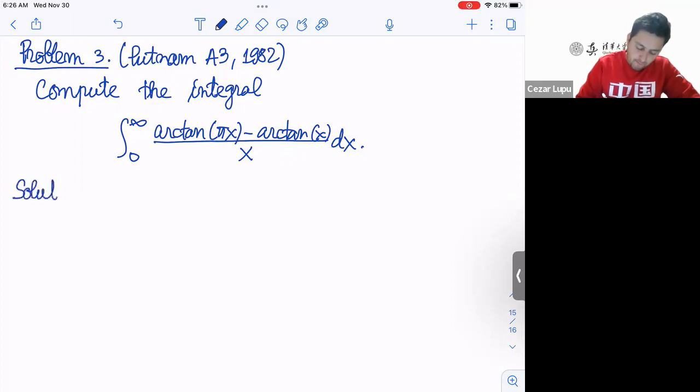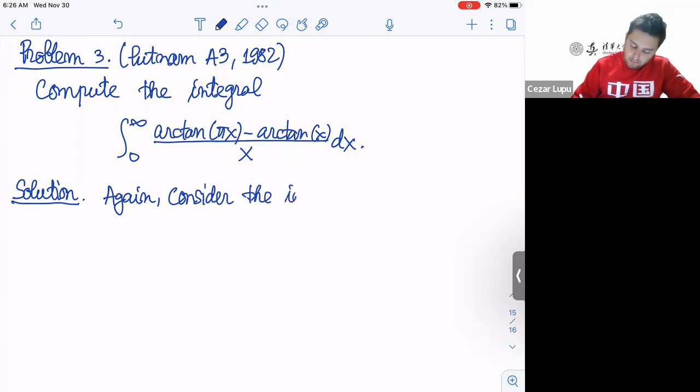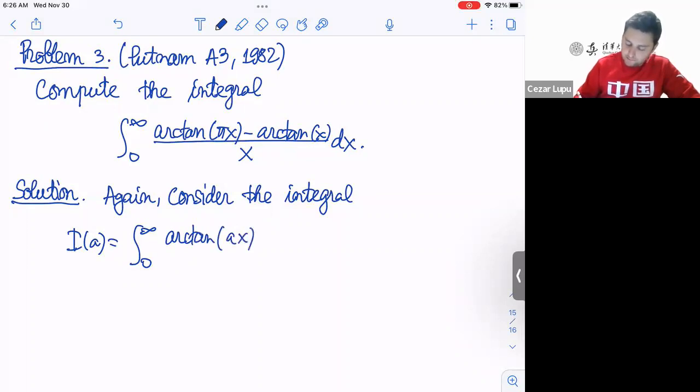So again, consider the integral I of a, which is the integral from 0 to infinity of (arctangent of ax minus arctangent of x), everything over x dx, for a positive. Okay, so I will differentiate.